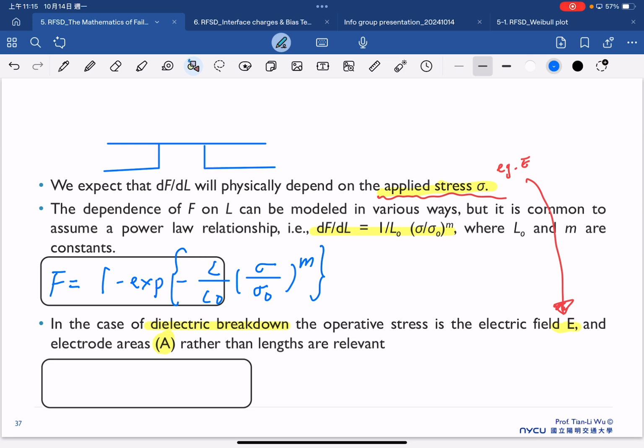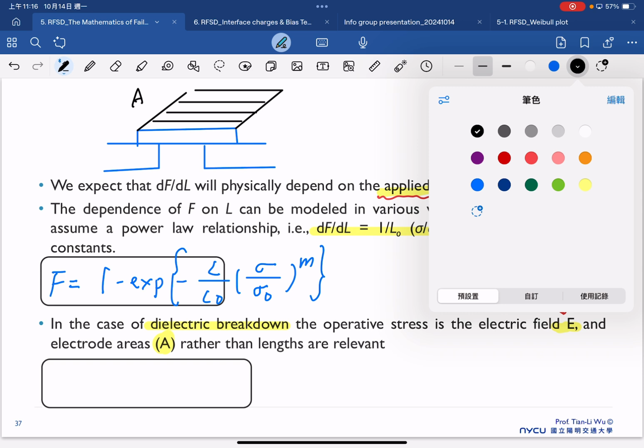As we already drew, that's a typical two-dimensional schematic, but in reality our device has three-dimensional directions, where our gate dielectric or gate electrode is a big area A here.